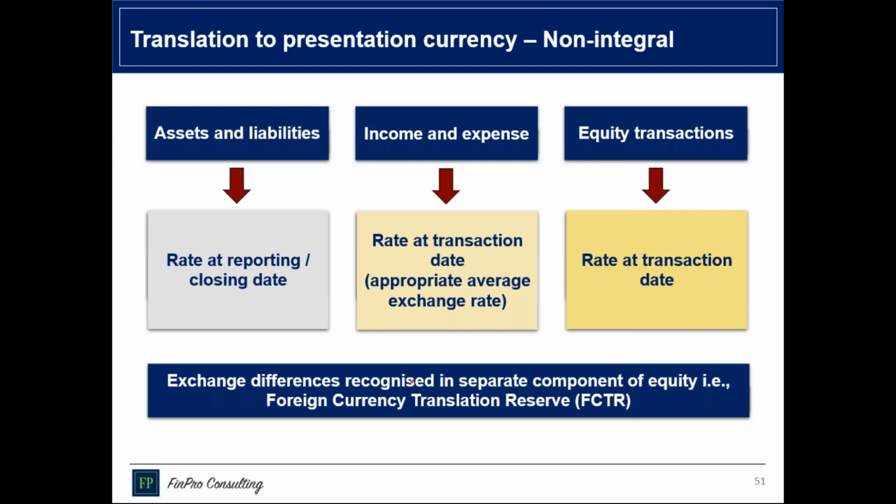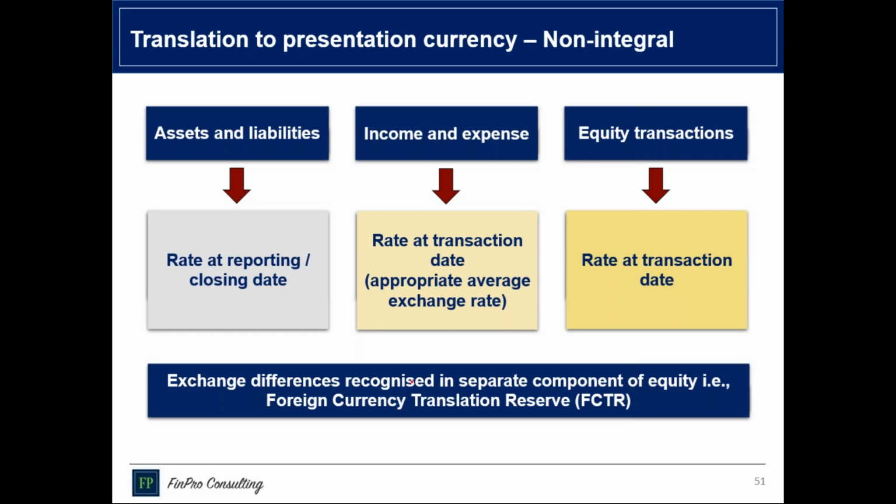And equity transactions will be converted at the rate of the transaction date. So basically, if the investor has introduced share capital in a foreign currency, the rate at which the share capital was introduced will be considered for the conversion. Or if, let's say, the profits of the foreign operation, they will be converted at the appropriate average exchange rates of the respective years. So this is how the conversion will be done.